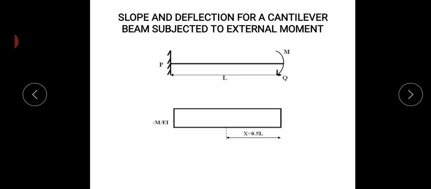From Q, the distance to the centroidal point is taken as x.